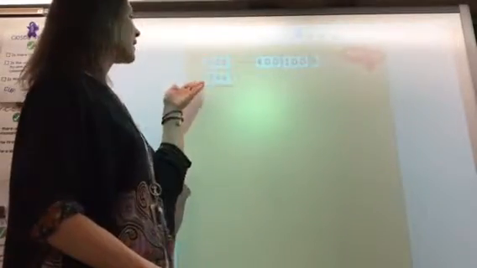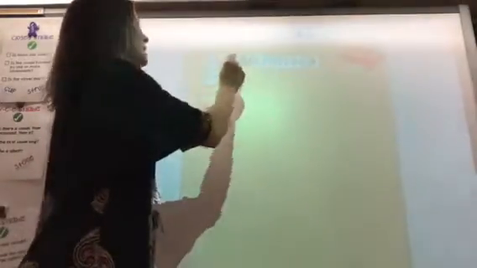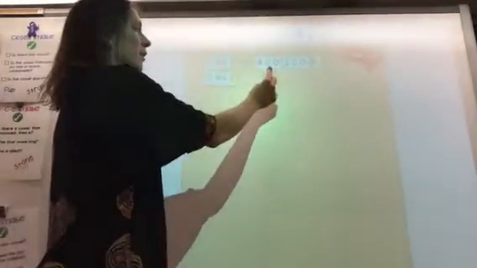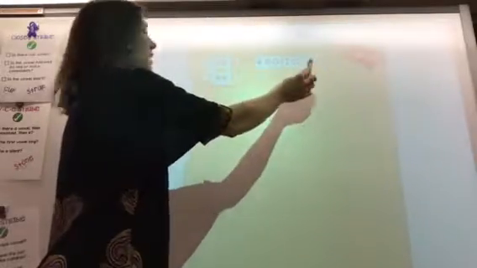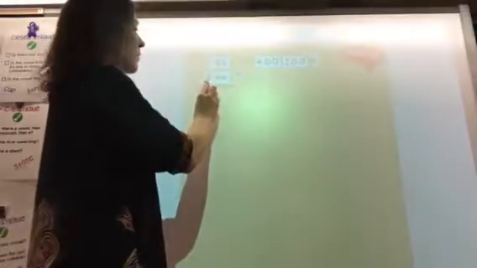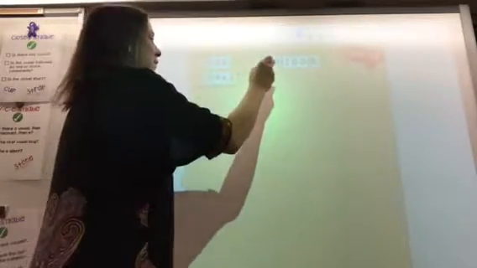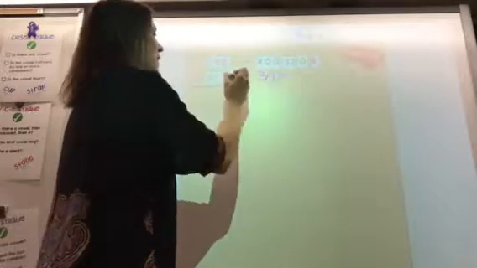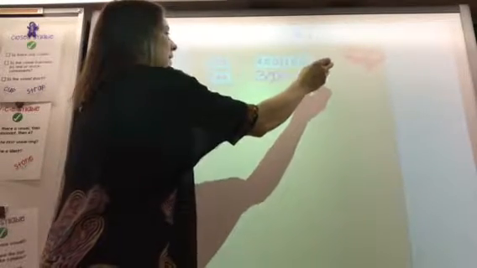We can also do this with show all totals. If I have 509 minus 346, I ungroup 100. So my 500 becomes 400, my 0 becomes 100, and then my 1s stay the same. There's 8. Now if I'm subtracting, I'm going to use expanded form. 346 is 300 plus 40 plus 6.